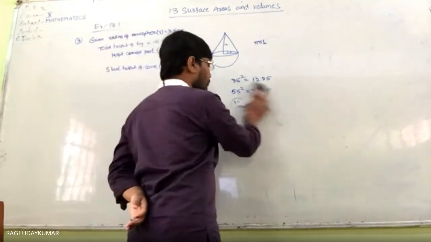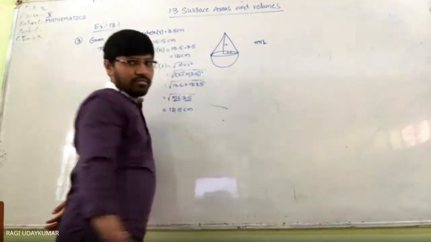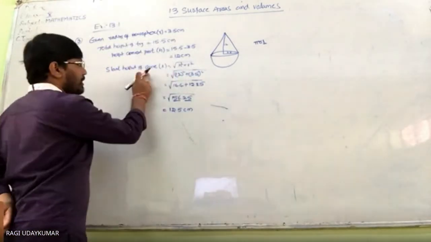Like this you can easily find the square root of numbers ending in 5. So you got the slant height.